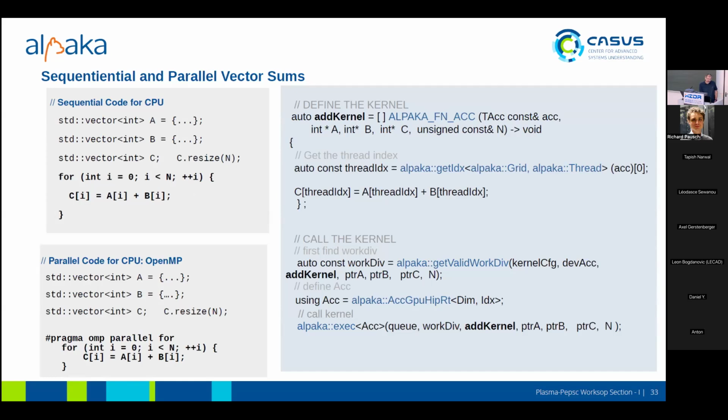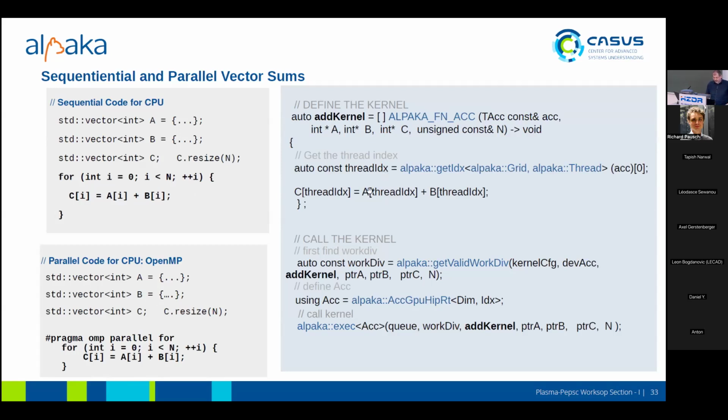And on the right hand side you can see the alpaka kernel, and in the alpaka kernel there is no for loop. And how is the index generated in this kernel? The index is magically generated, and we can access the index directly.